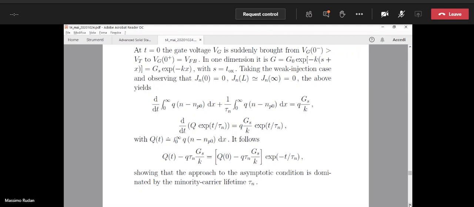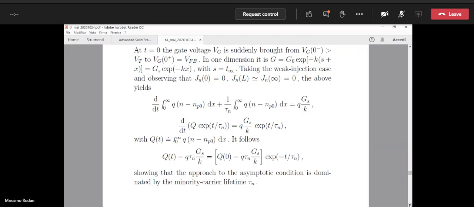So since we have generations, when time goes to very large values, essentially the generated charge that is represented by Q goes to equilibrium with the optical generation term, okay? Only if Gs becomes 0, so if we put the light off, then the excess charge Q of t will go to 0 really, okay?